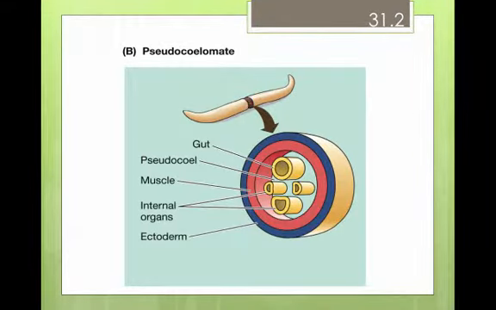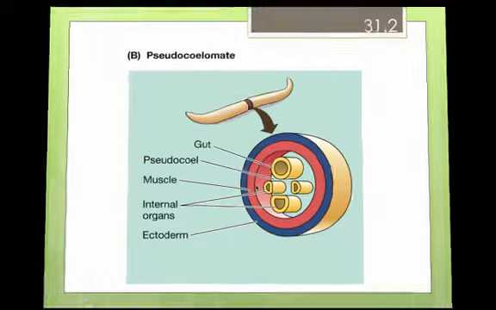So here's a picture of a pseudocoelomate. This dark blue ring right here is your ectoderm, and this red is your muscle, so your mesoderm, and then these yellow would be your gut and your internal organs, and all this space would be fluid around it.